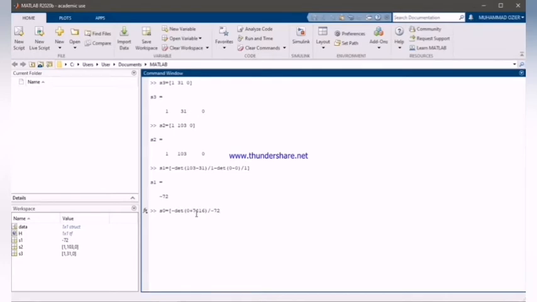I'm sorry. And negative 10. Bracket 0 minus 0. Bracket divide by 1. Bracket.